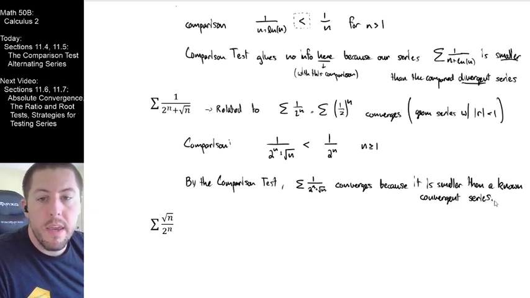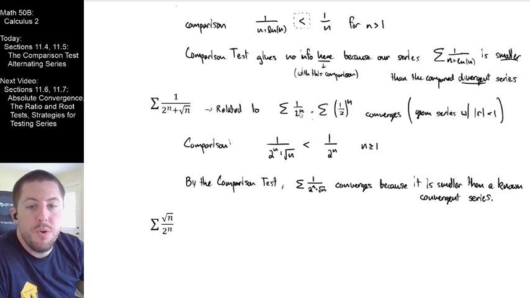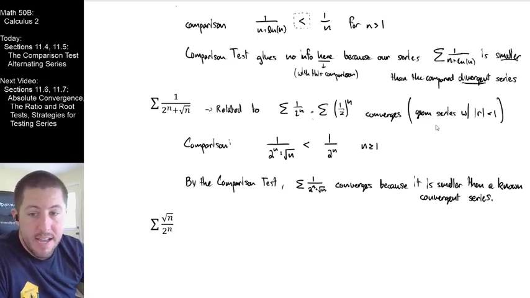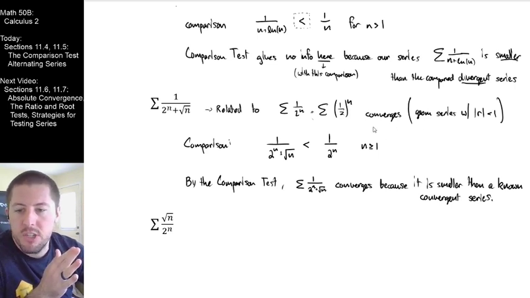All right, so we guessed a related series by seeing that 2 to the n on the bottom that made me think of a geometric series. Based on what we've already learned about geometric series, I knew that this series converged, and therefore that immediately makes it a good candidate for a comparison test, just because I'm sure that I know about it, right? It wasn't that it converged or that it diverged.